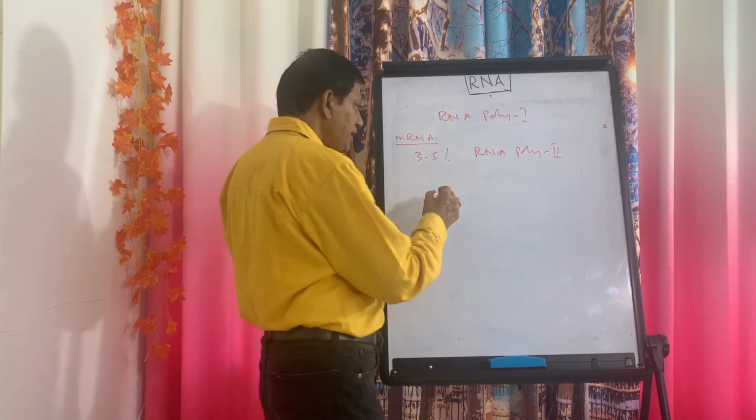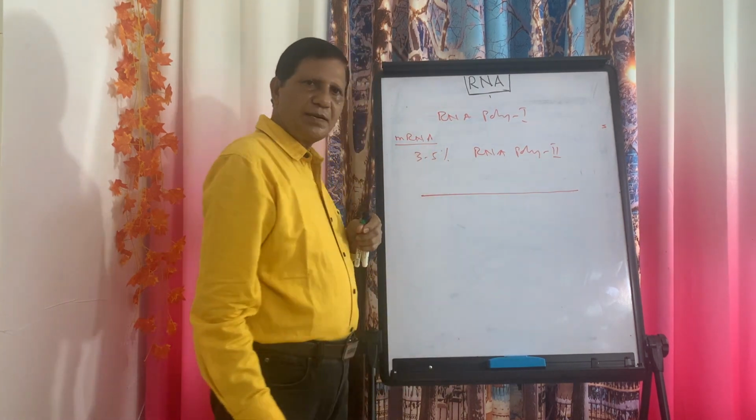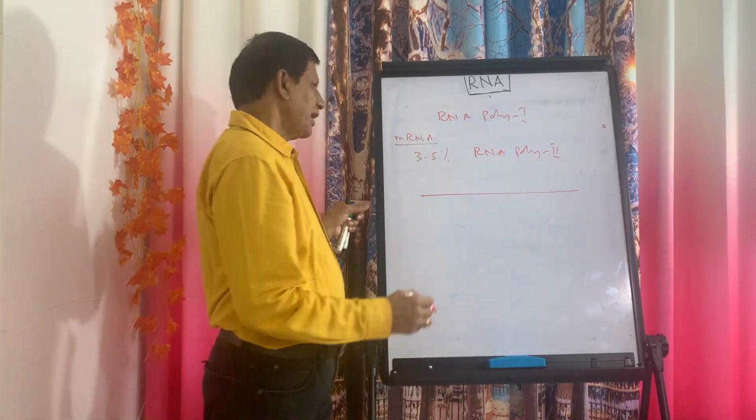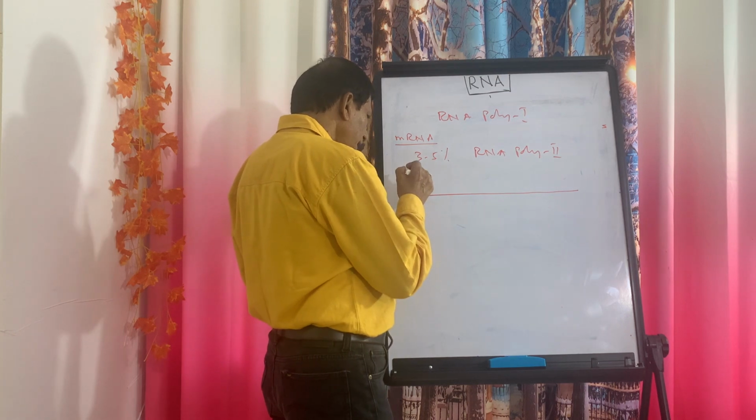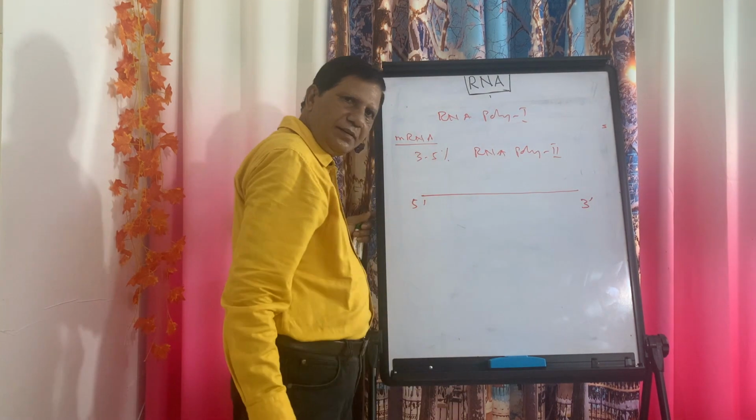So, when this mRNA comes from the DNA after transcription, this is the 5' side, this is the 3' side.